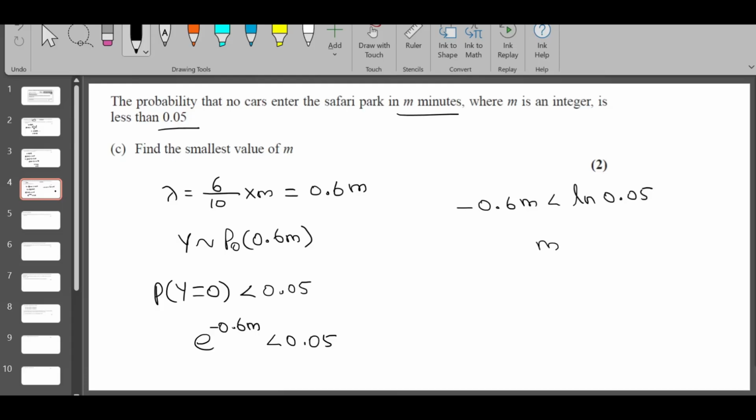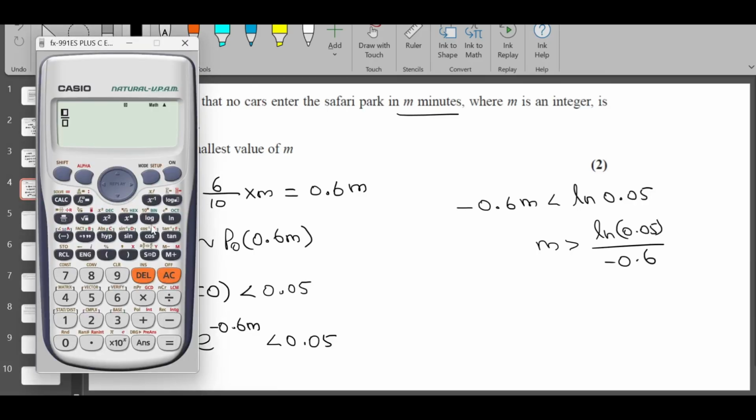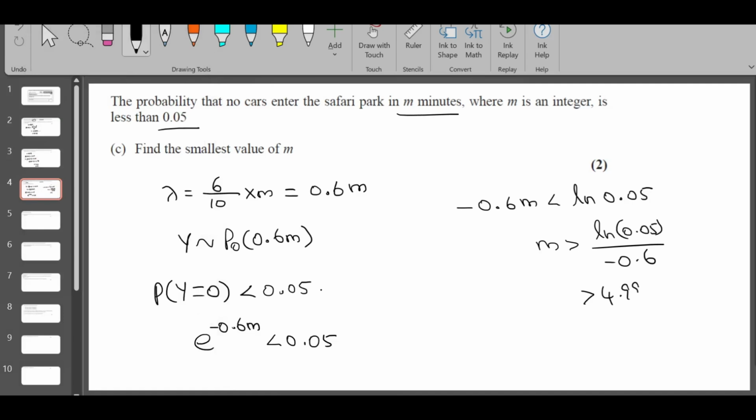So m is greater than natural logarithm of 0.05 divided by minus 0.6. That gives 4.999... Therefore m is equal to 5.